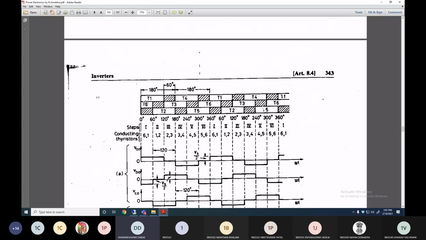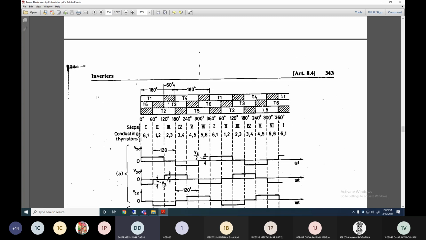You can see in the gate pulse of 120 degree mode, T1 is turned off at 120 degree, but T4 is started at 180 degree. So there is a 60 degree interval between two thyristors of the same leg. This 60 degree interval is sufficient to completely turn off T1. It means in this time duration, T1 is completely commutated. So there is no chance of short circuit of your supply.